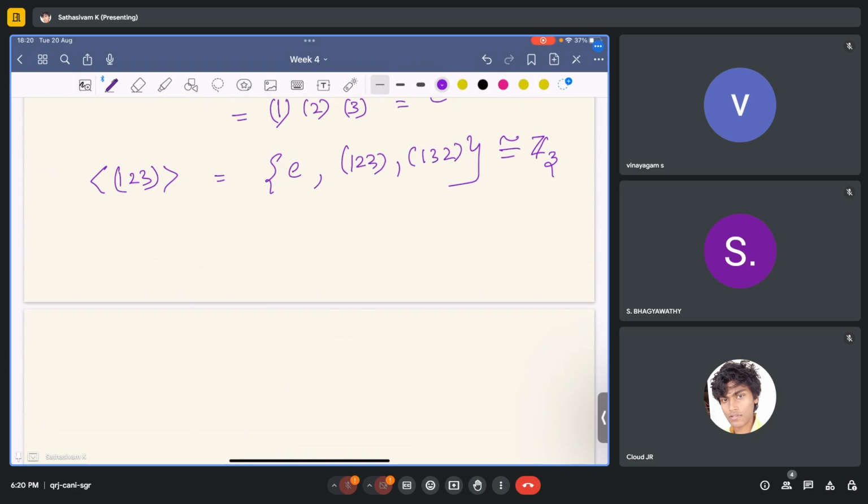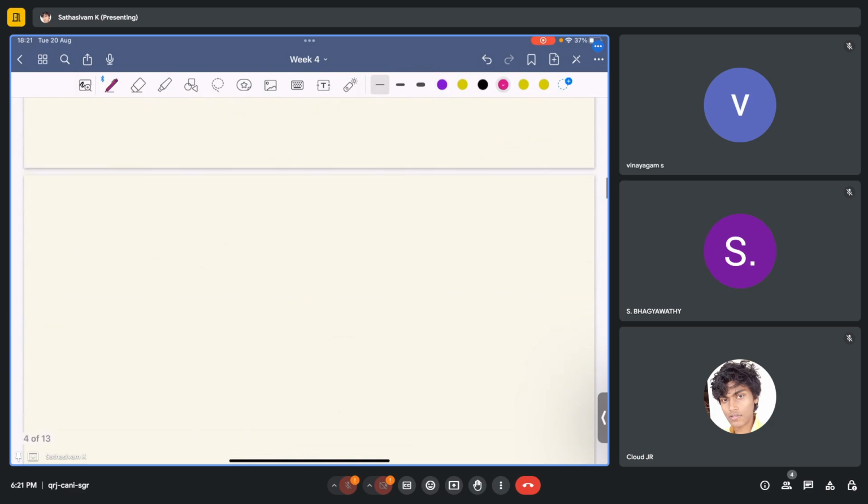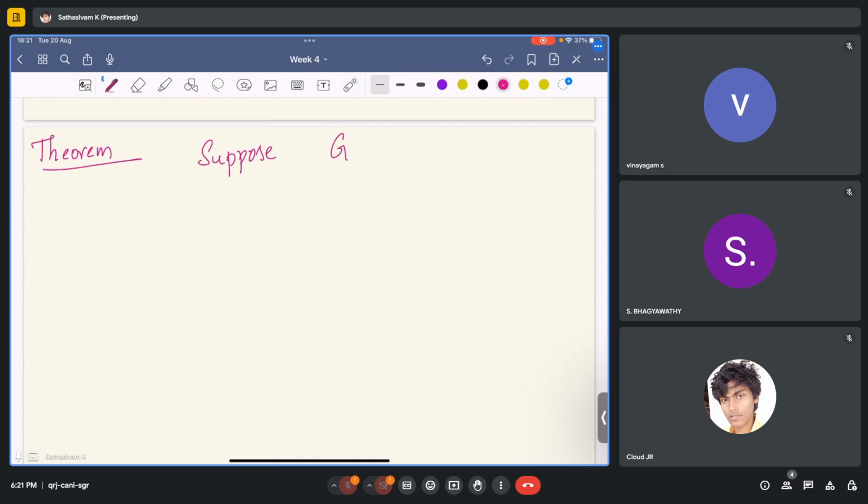Okay. So let's prove a lemma, or maybe I will call it a theorem also. Suppose G is a group, and H is a subgroup of G with index 2.